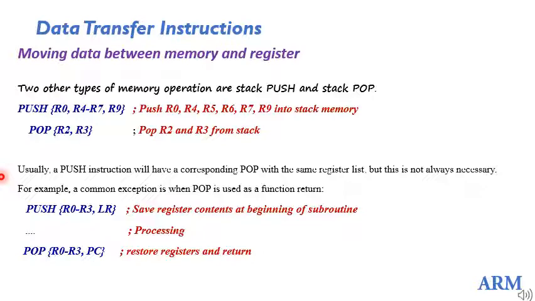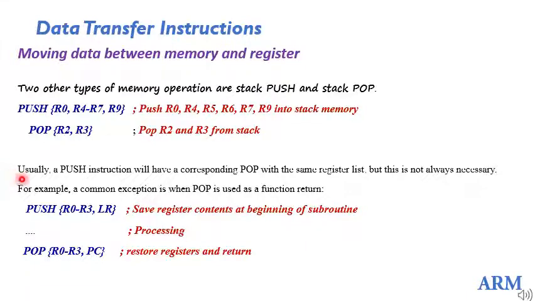And another point you have to note here is when it is push, first it is decremented, that is, vacant space is made available first for accommodating the new value. So first it is decremented and then it is pushed to the stack, whereas in case of pop it is already pointing to a filled location. So first it is popped and then the stack pointer is incremented by 4.